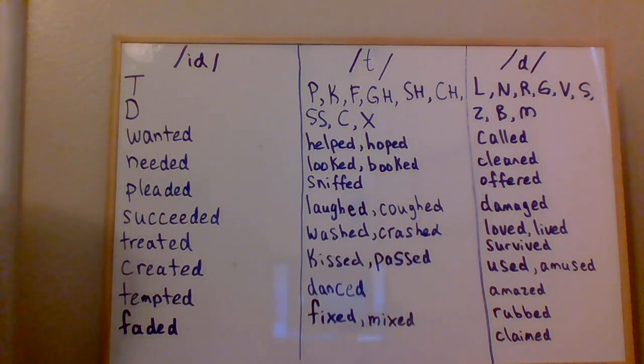Okay, now I'm going to say some sentences that use verbs from this board, and just repeat the sentence. I wanted help from my brother. She survived the plane crash. He kissed the princess. I booked a TOEFL exam.